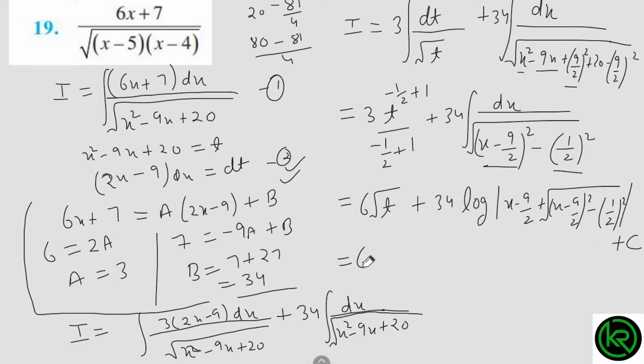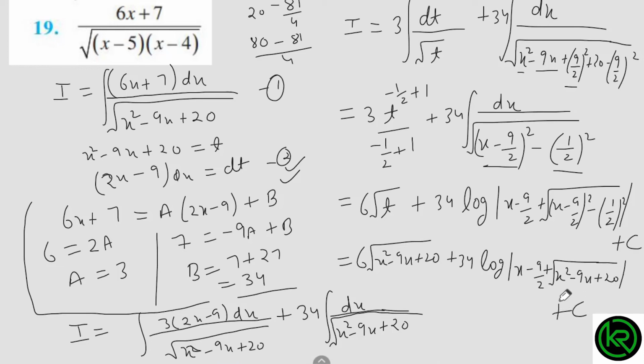And root t becomes, students, t value is x square minus 9x plus 20, and 34 log x minus 9 by 2, and students, this will become the same like this, x square minus 9x plus 20, plus c. This is our required answer.